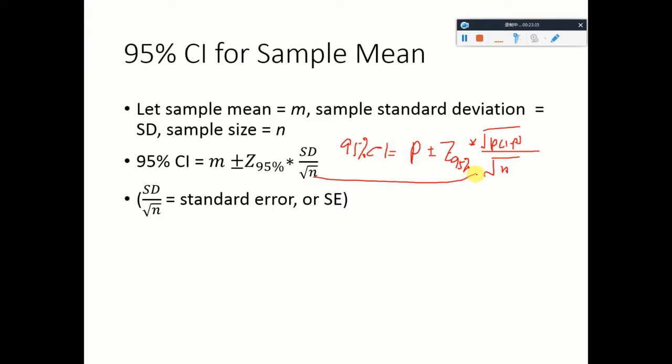This part is the same. The only difference is the numerator here: the numerator for the standard error for the sample mean is the standard deviation, and this is the standard deviation for sample proportions. So it's very much the same.